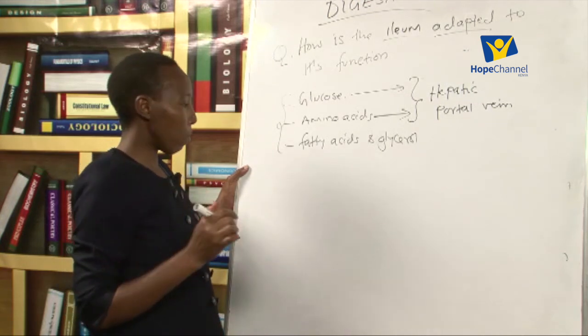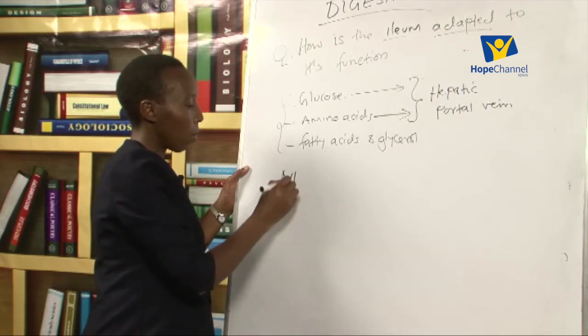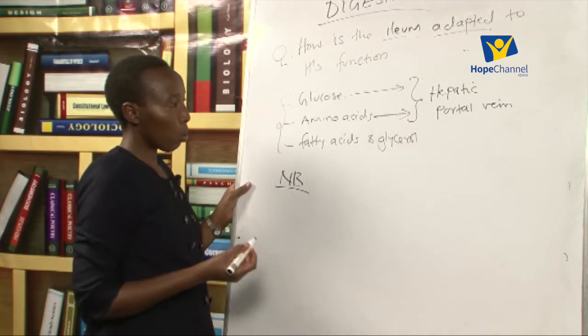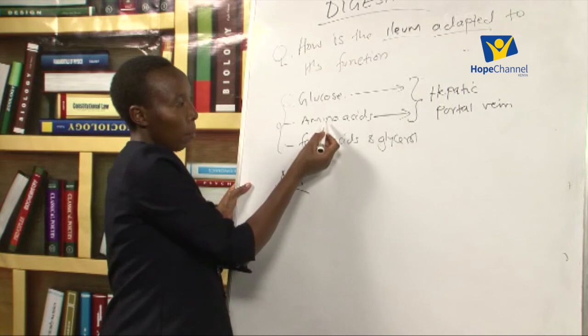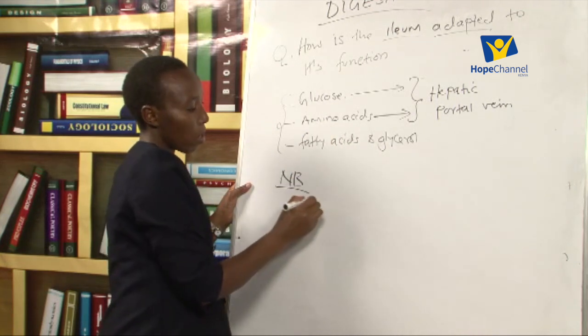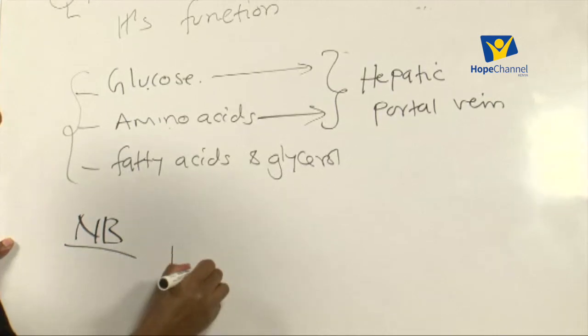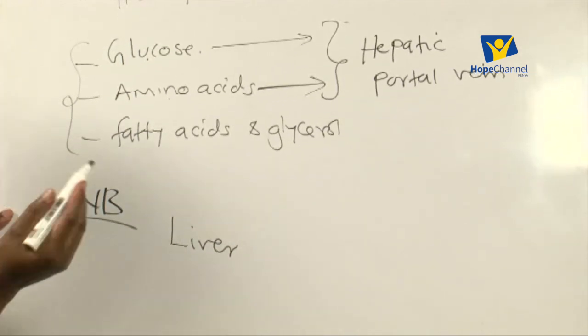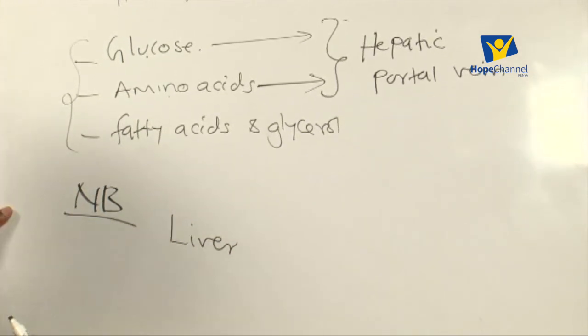So there is something that we want to take note of: immediately after absorption, the glucose and the amino acids must be transported to the liver before they circulate the whole body system.